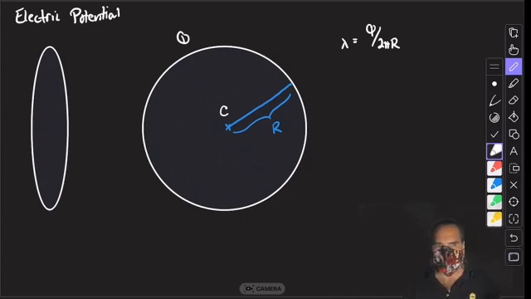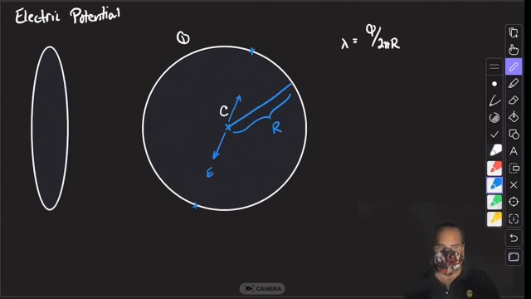The electric field is only 0 at the center because for every contribution to the electric field, say from this part of the ring, which would give us a contribution to the electric field in this way, there's another part of the ring directly on the other side, which gives us a contribution to the electric field that is in opposition.